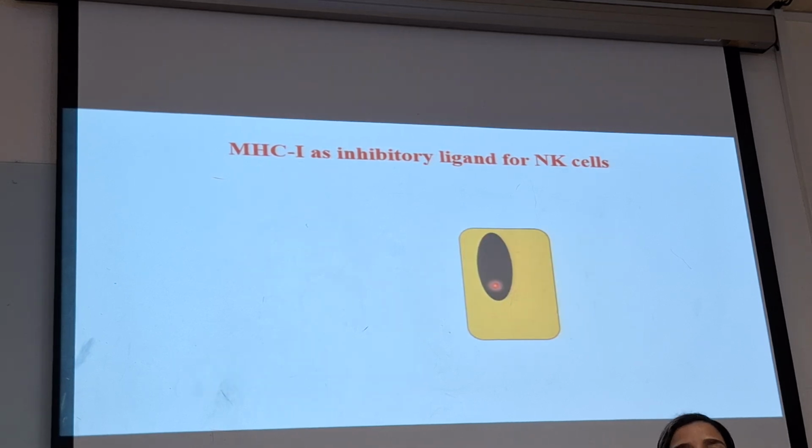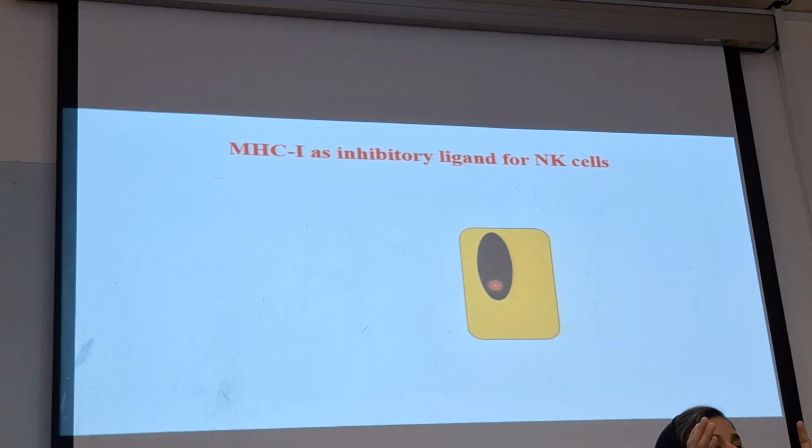All of our nucleated cells express MHC1. In normal conditions, MHC1 acts as an inhibitory ligand for the inhibitory receptor on the surface of the NK cell.